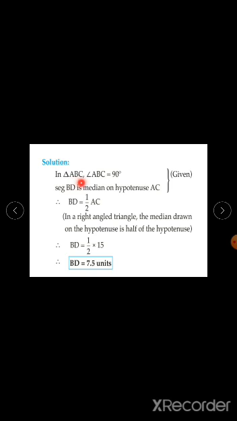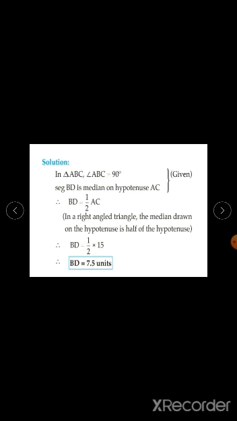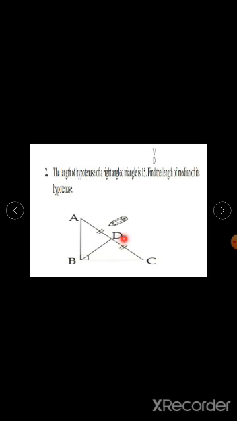In triangle ABC, angle ABC is equal to 90 degrees, given. Seg BD is the median on hypotenuse AC, also given. Therefore, BD is half of AC.